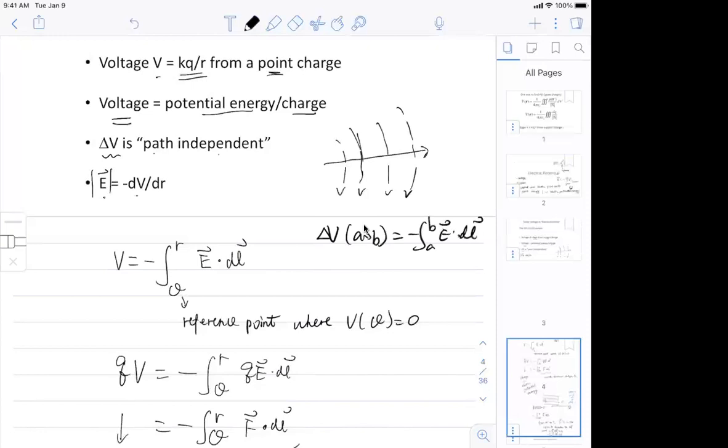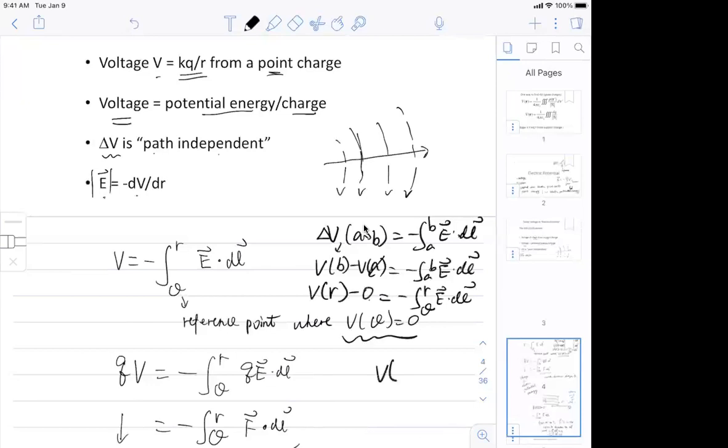So V B minus V A is negative integral from A to B of E dl. If I want V at any random location R, I'm going to choose A to be our reference where potential is 0. So it becomes the integral from reference to R of E dl. Most of the time we choose V of infinity to be 0, so our integration most of the time goes from infinity to R of E dl.